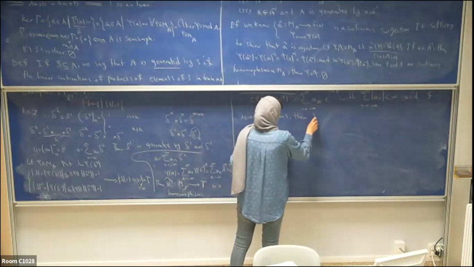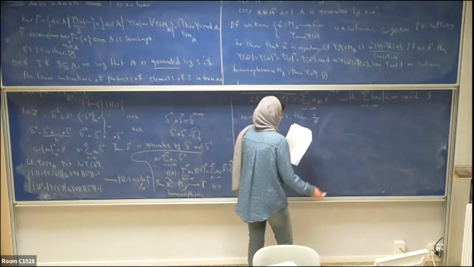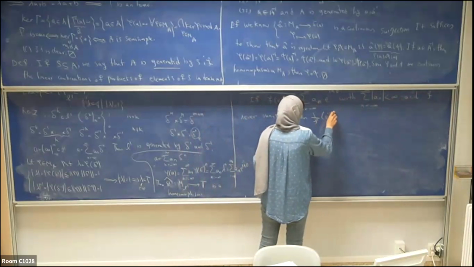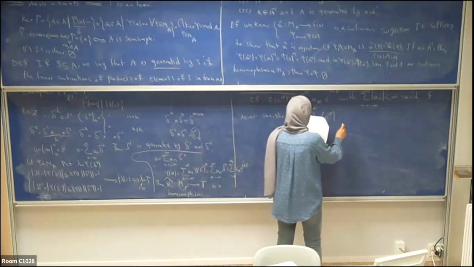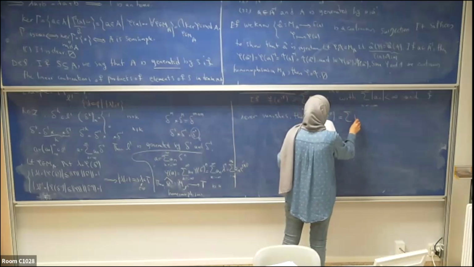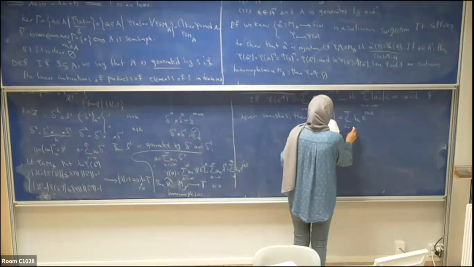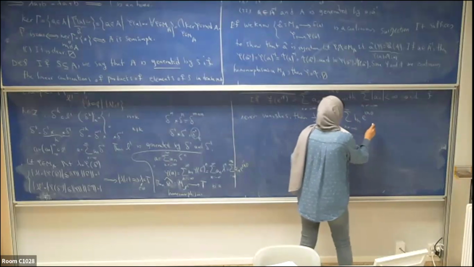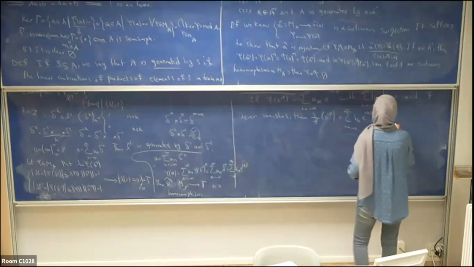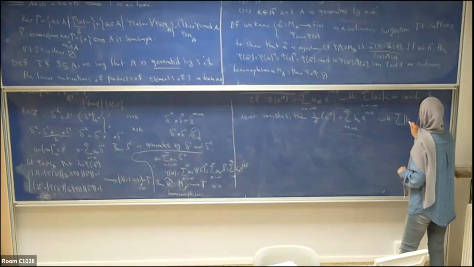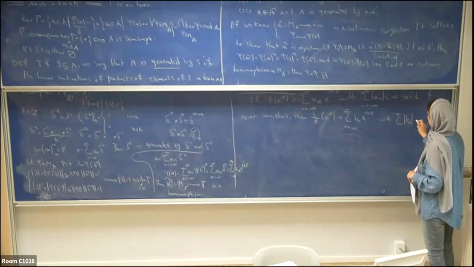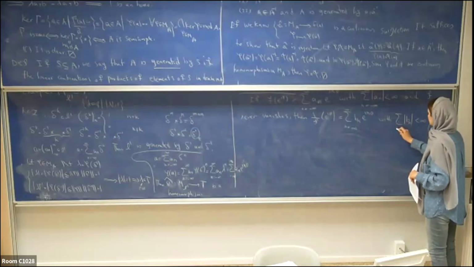Then 1 over f is well defined at each element in the unit circle, and it is sigma b_n e to the i n theta with a sequence b_n such that sigma of the absolute value of b_n is finite.